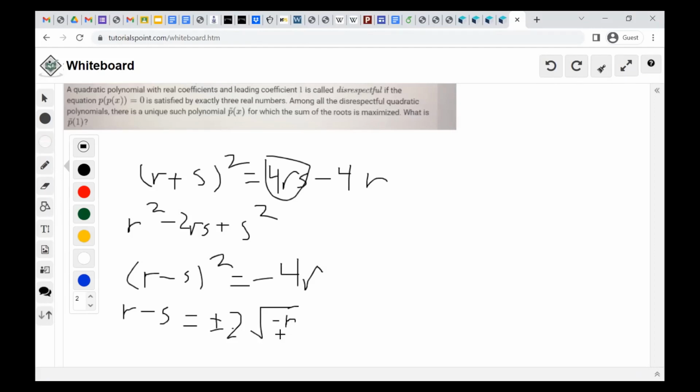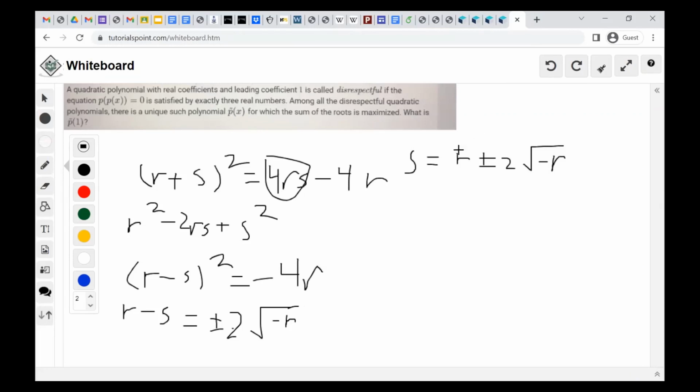So that tells us that r must be negative since r and s are both real. So s equals r plus or minus 2 root negative r.